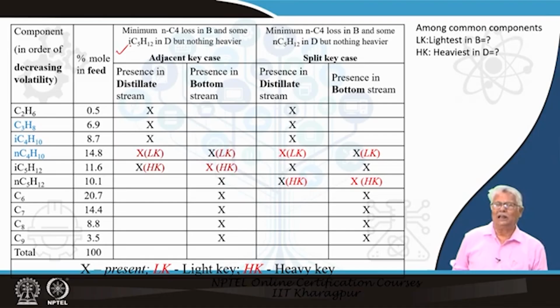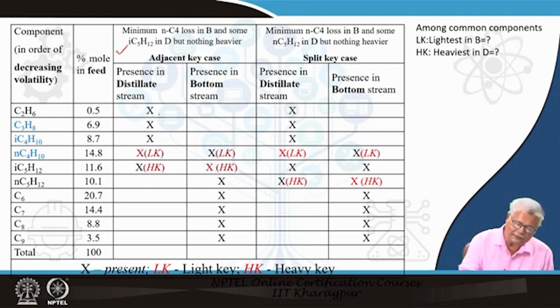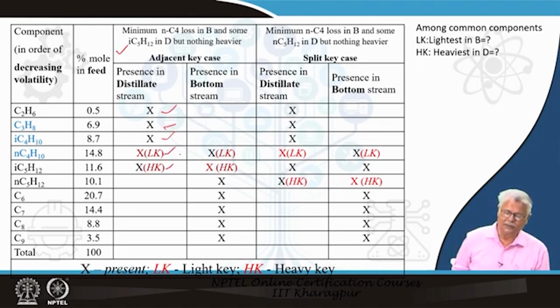So, basically my top product is going to contain C2H6, C3H8, IC4H10, NC4H10, IC5H12 and so on. The bottom product will definitely contain the rest. That means it will start from this one and continue up to my C9 component.